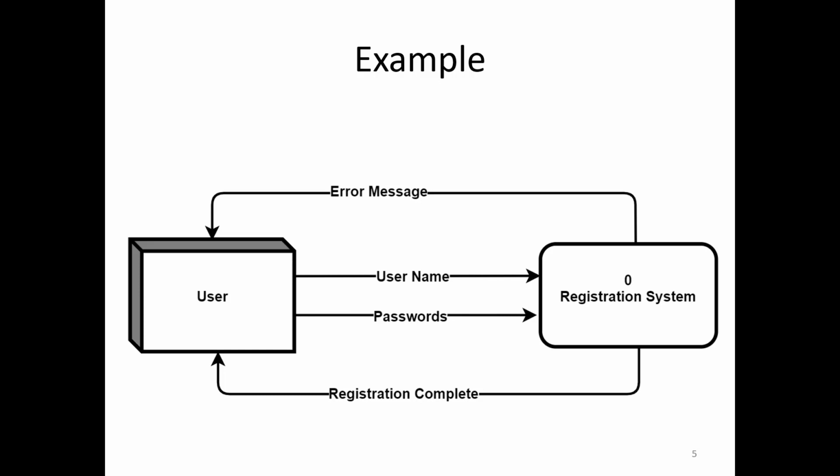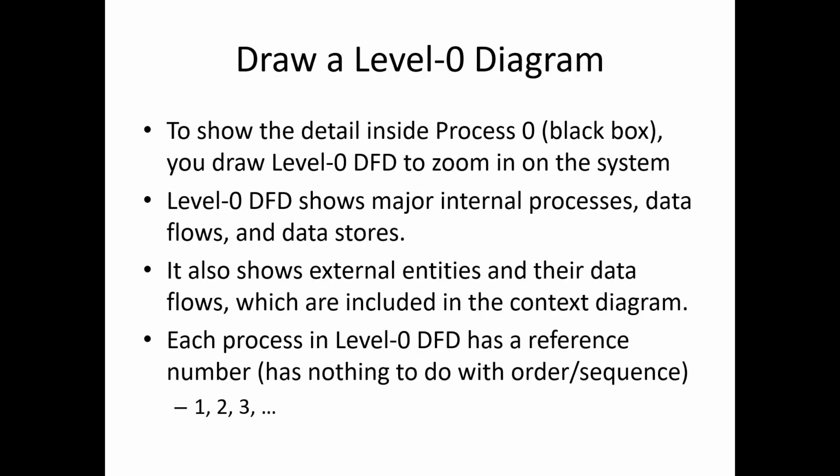And then in the second step, we need to decompose this process 0 and create level 0 diagram, or diagram 0. A level 0 diagram shows more detailed information about the system. In this diagram, we show the major components of the system.